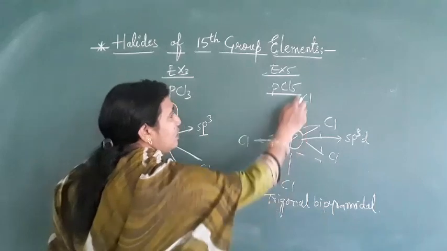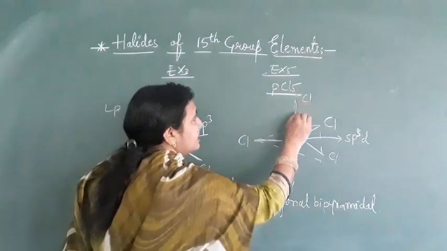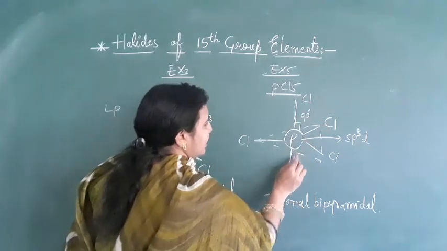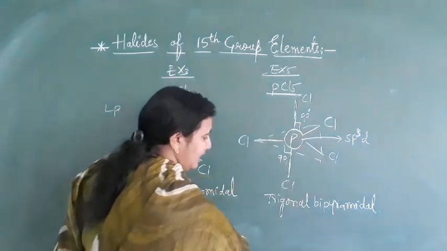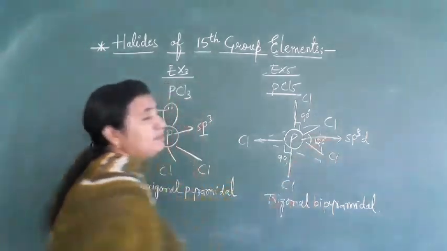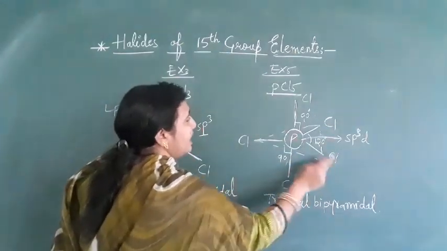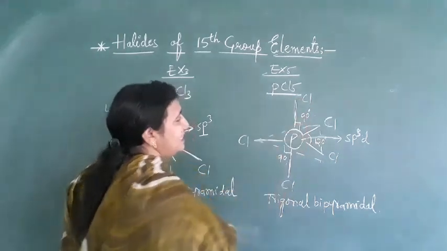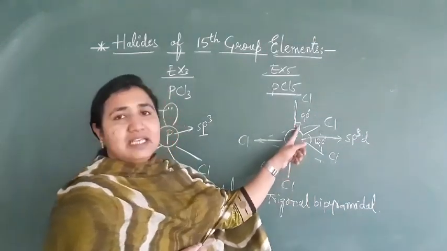These 2 chlorine atoms are the axial bonds, at 180 degrees to each other, and the angle between axial and equatorial bonds is 90 degrees. Between the 3 equatorial chlorine bonds, the angle is 120 degrees. So the axial bond angle is 90 degrees.